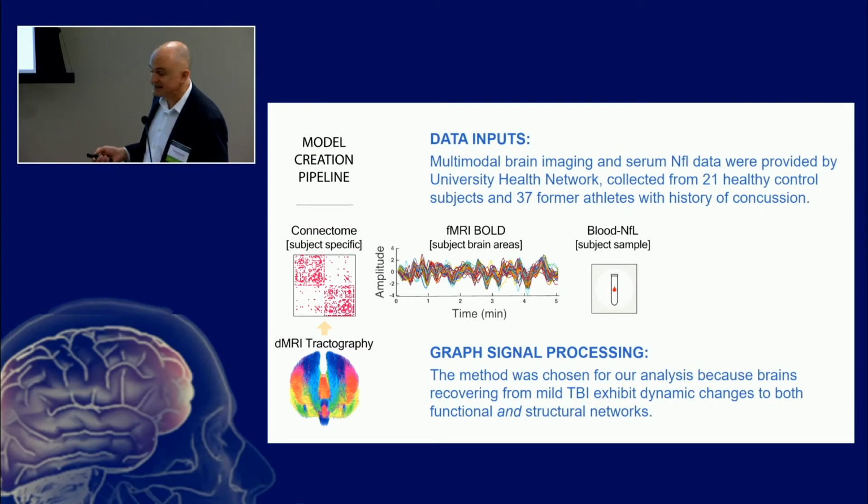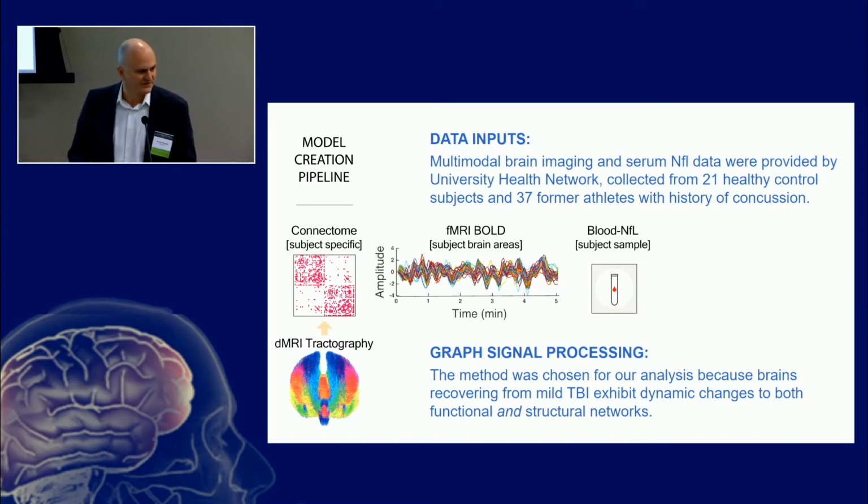We used dMRI tractograph data, basically the tracing of diffusion tensor imaging from one cortical area delineated by the Desikan-Killiany atlas to another, and that's represented by a matrix of 1s and 0s, which basically describes which areas are connected to which. We also used fMRI bold signals recorded from the same patients.